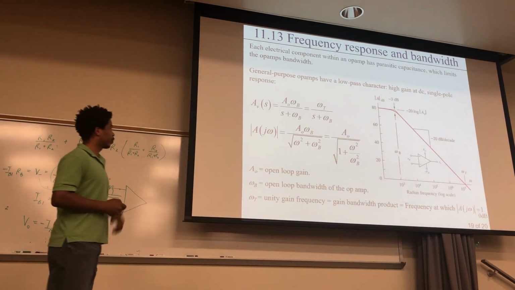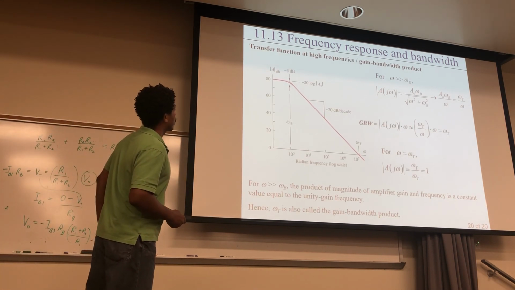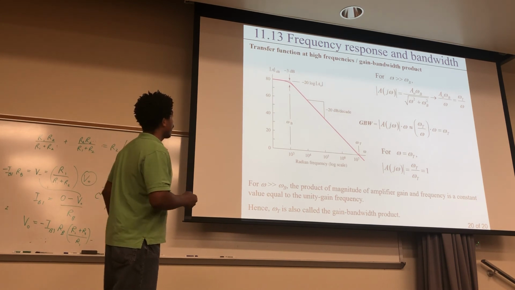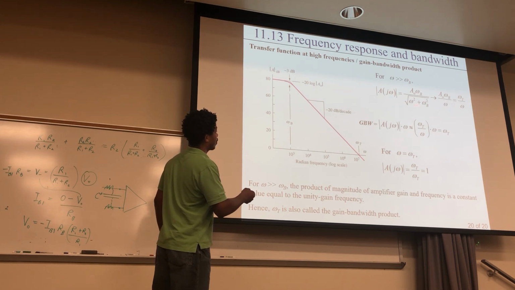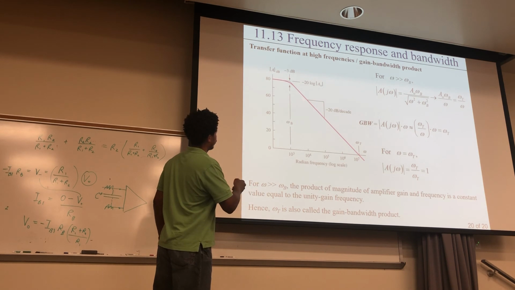Okay, and quickly, the last slide. What I want to talk about here is something called the gain bandwidth product. At high frequencies, this right here starts looking like this, just omega t over omega. For high frequencies, it just falls off like that.